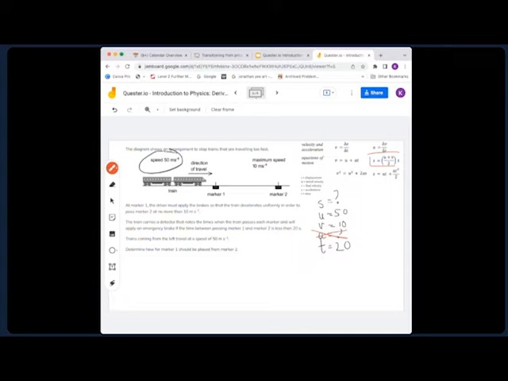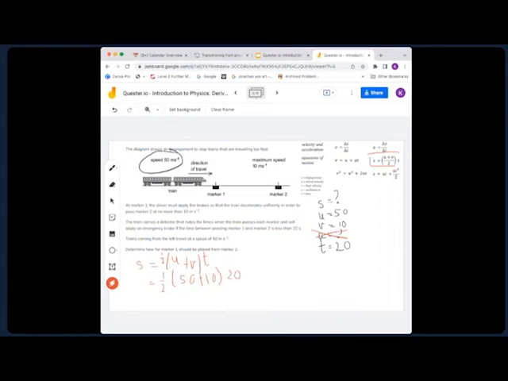So S is going to be equal to, I like to do it like this, 1/2 times (u plus v) multiplied by time, which is equal to 1/2 times (50 plus 10) multiplied by 20. Sorry, that just looks a bit off. So this is our distance that marker 1 has to be from marker 2.